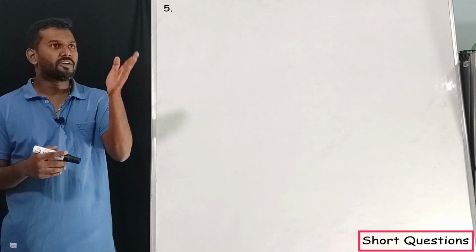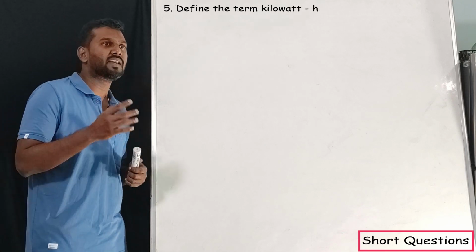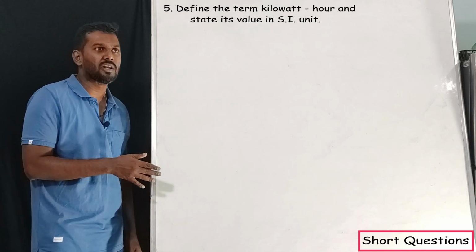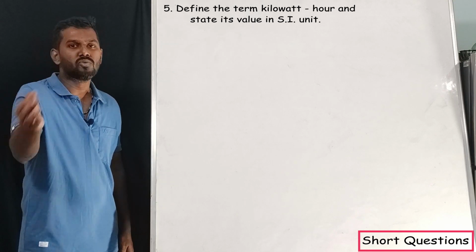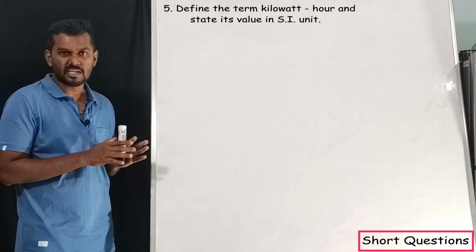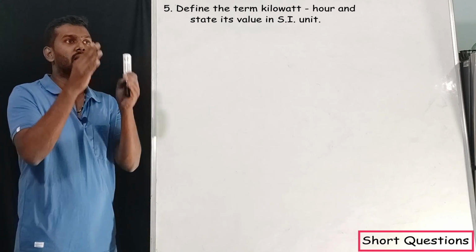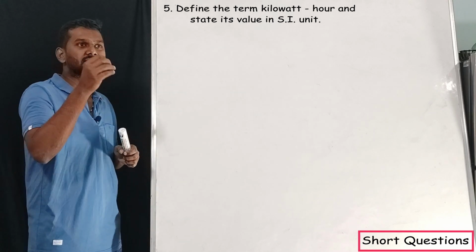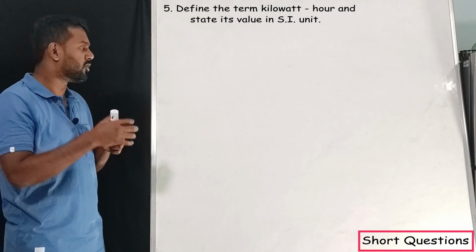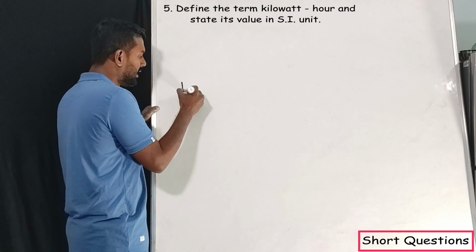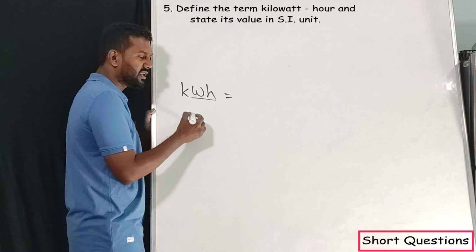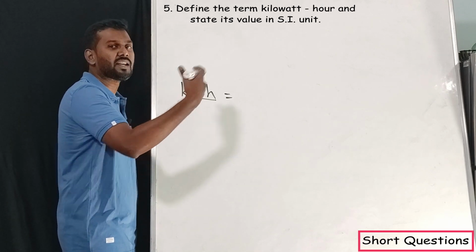Our next question: define the term kilowatt hour and state its value in SI unit. I told you earlier, definition of units will never be asked in the physics board exam, so don't worry about the definition of kilowatt hour. But there is one more sub question: state the value in its SI unit. Watt hour is the SI unit of electrical energy?